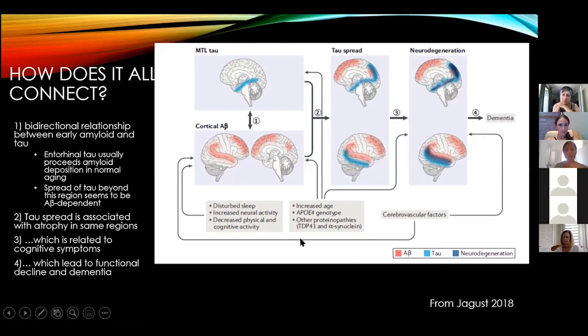But there are lots of things that can have an impact on that. There are things like sleep, increased neural activity, physical activity, and genetics that have an impact on either amyloid or tau or some other process in between, as well as cerebrovascular factors. So in our group in the Human Memory Lab, we're interested in looking at some of these factors and how they might explain some of these relationships.